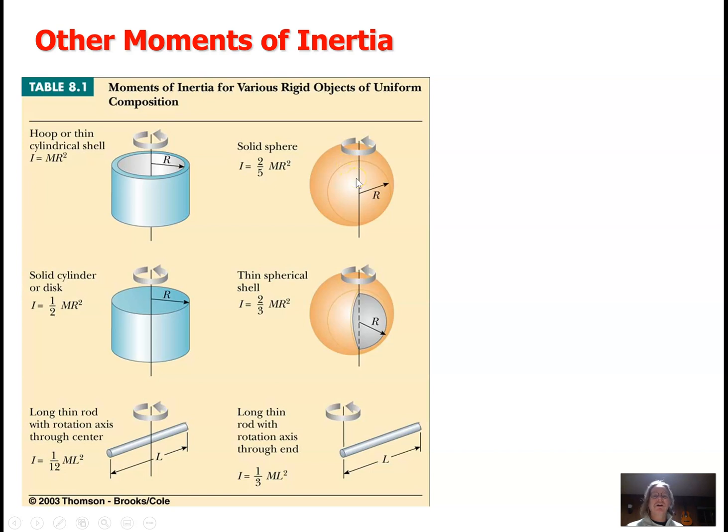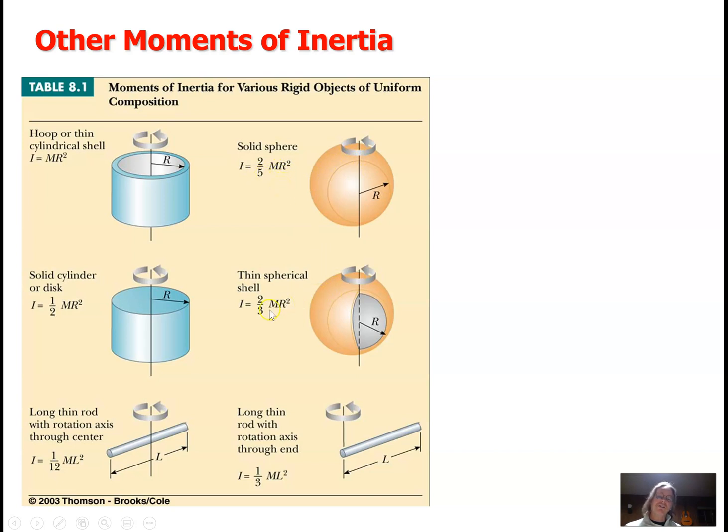This is beyond the scope of a college physics class, but not a university physics class where you do the calculus. In the calculus version, you might have to derive how the mass is distributed, with an integral summing up all the masses at some distance, and you end up with the 2/5 mr squared.